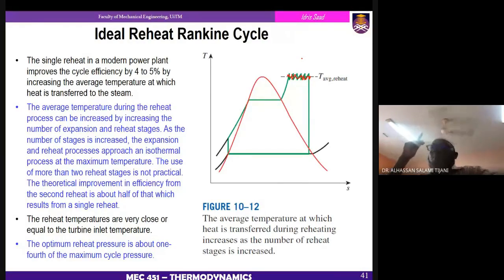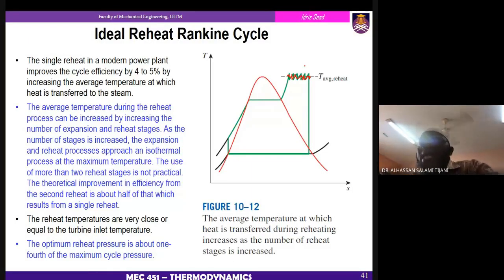Okay. So now, eventually, we should know that there is a limitation. For everything, there is a limitation, especially the limitation imposed by the metallurgical properties of the turbine.